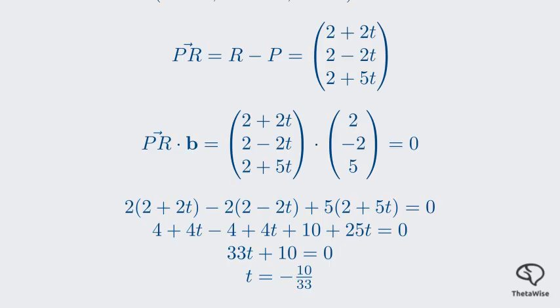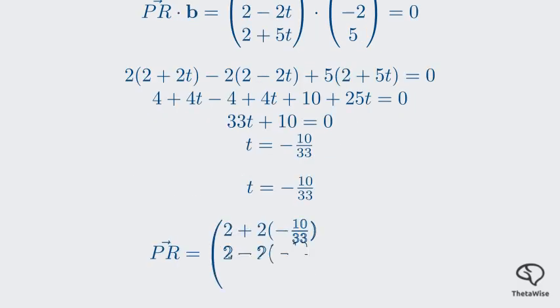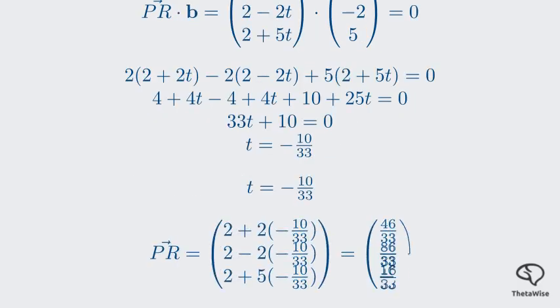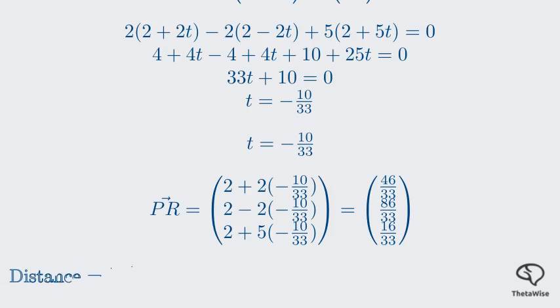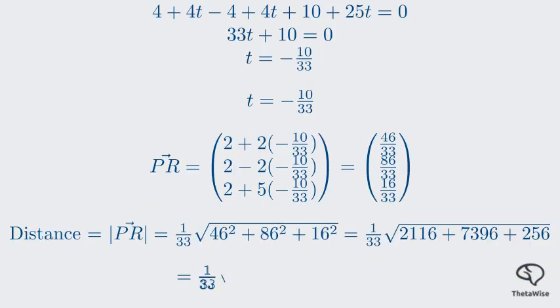Now we substitute this value of t back into PR. This gives us a vector PR with fractional components. Let's find its magnitude. The magnitude of PR is the square root of 46 squared plus 86 squared plus 16 squared, all divided by 33. This simplifies to the square root of 9636 over 33, which is approximately 97 units.